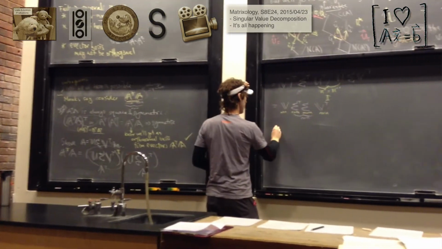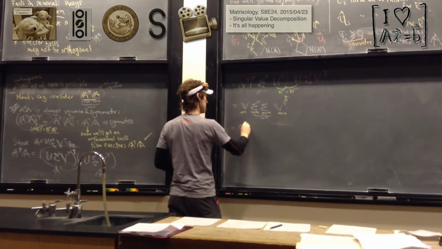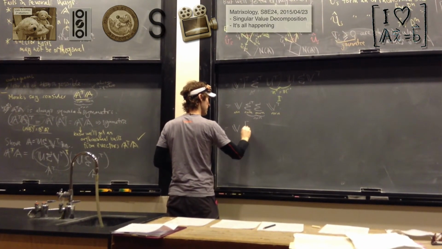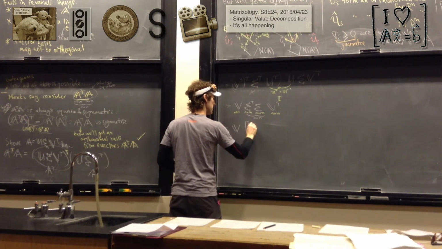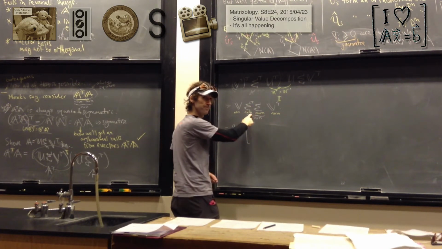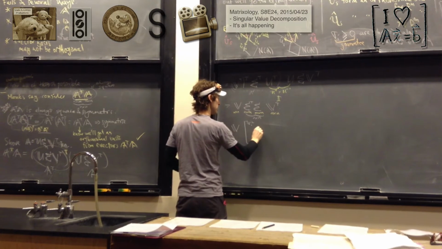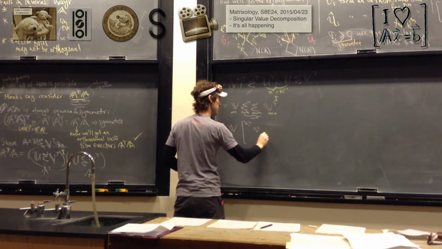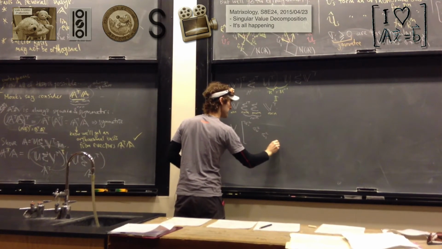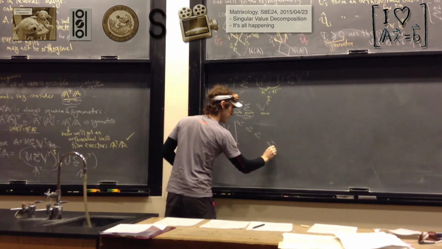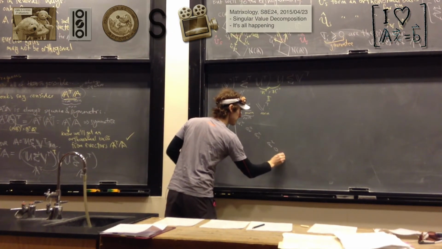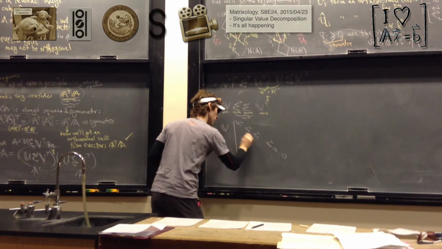Let's write down what we have here. So this is going to be V, and the thing in the middle is going to have this kind of structure. Sigma 1 squared, sigma 2 squared, sigma 3 squared, and we've said that it only goes down to sigma r squared, and then 0, down to 0, all of these are zeros.